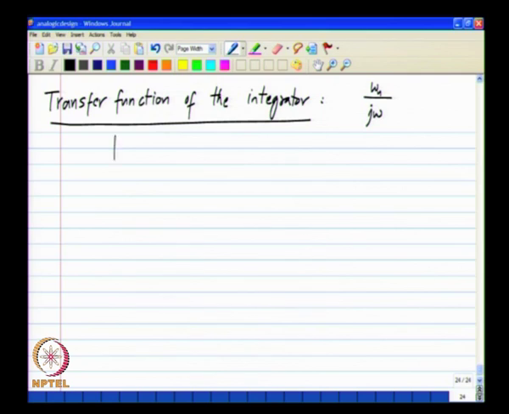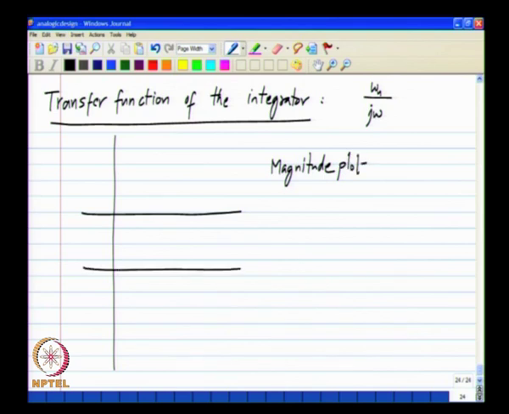And the Bode plot consists of the magnitude plot and the phase plot. I will denote the transfer function by h. We plot the magnitude of h of j omega versus omega on a log scale.